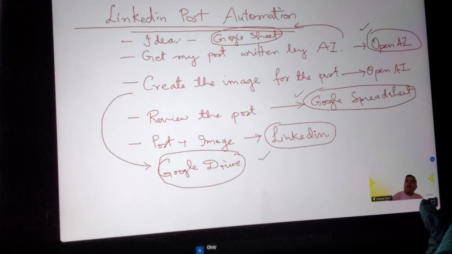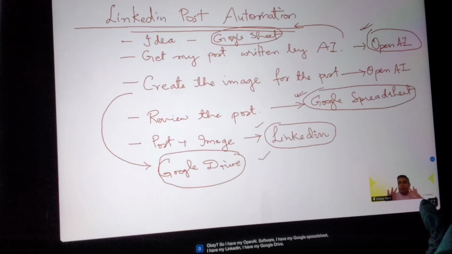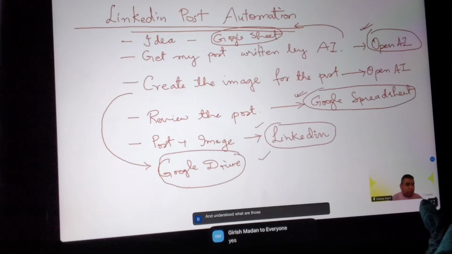Okay, so I have my OpenAI software, I have my Google spreadsheet, I have my LinkedIn, I have my Google Drive. So these are the softwares that I have to work with, and I'll have to build out my posting automation mechanism. Okay, everybody clear so far how we took it systematically step by step and understood what those softwares are?